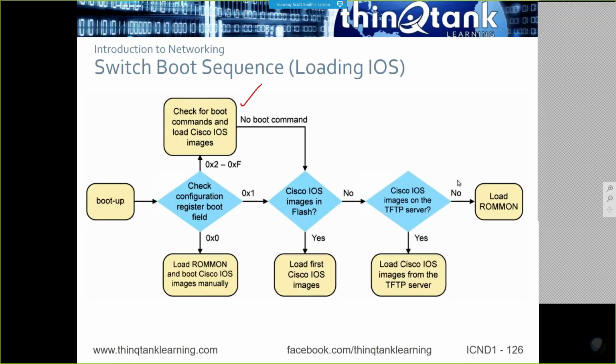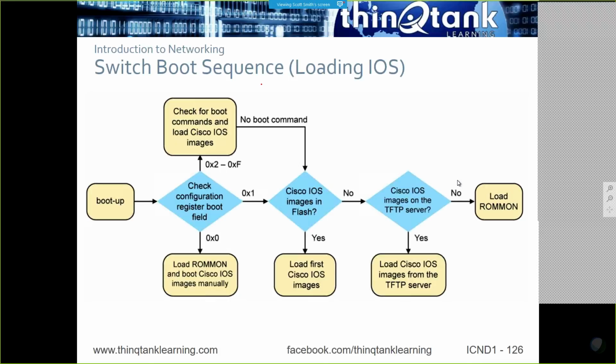Now, if there is no iOS image in Flash, for some reason, somebody deleted their Flash or accidentally erased the iOS image, then what the device will try to do is load an iOS image from a TFTP server, if that option has been configured. Because, of course, in order to load from a TFTP server, we'd have to specify all of the TFTP server parameters.